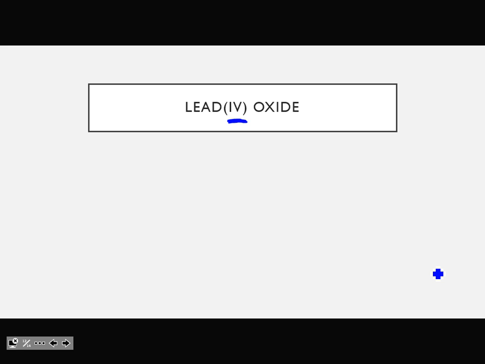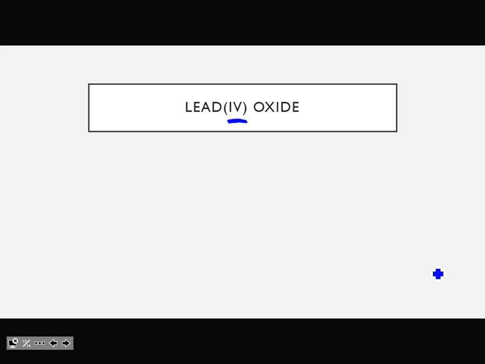Okay? So look at lead, and lead is element number 82. Find the oxidation state of lead. What do you see? You see a +2 and a +4.